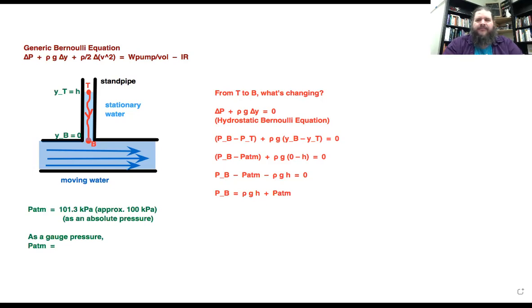Is it like a delta? Yeah, a delta, specifically the difference between that object's pressure and atmospheric pressure. So if we're looking for the gauge pressure of the atmosphere, that means how different is atmospheric pressure from atmospheric pressure? So what's the difference between atmospheric pressure and itself?